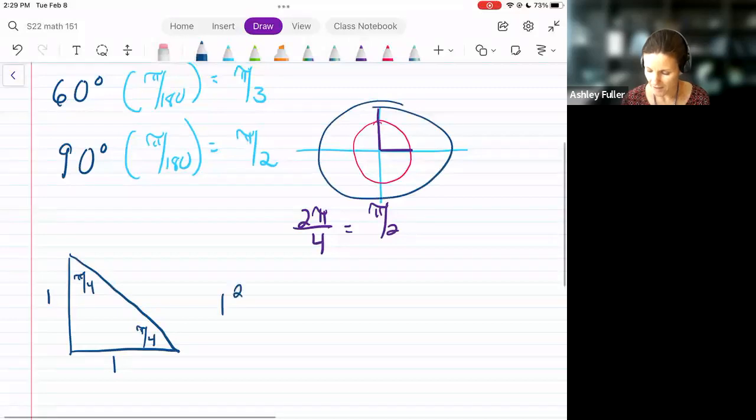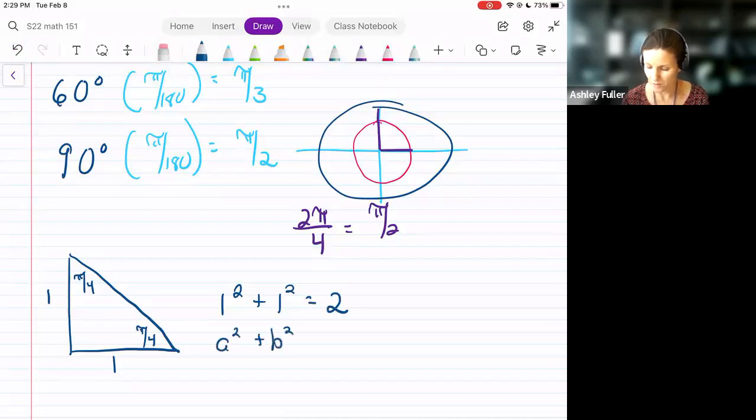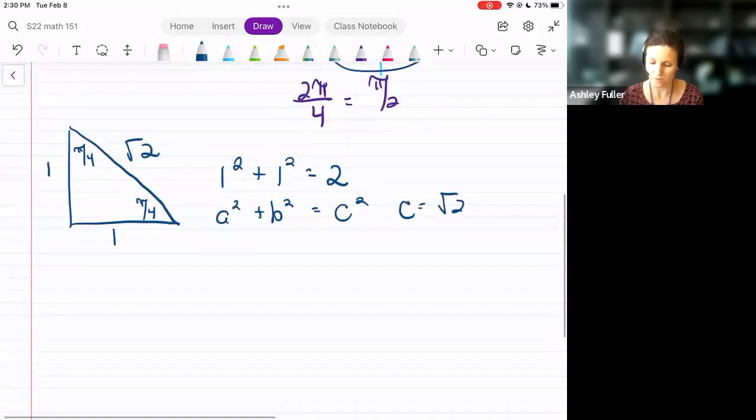And based on the Pythagorean theorem, 1 squared plus 1 squared is going to equal 2. But we know that that's a squared plus b squared equals c squared. So c is going to be the square root of 2. And that tells us that the ratio between the sides of a triangle that has two sides that are equal is going to be 1, 1, square root of 2.